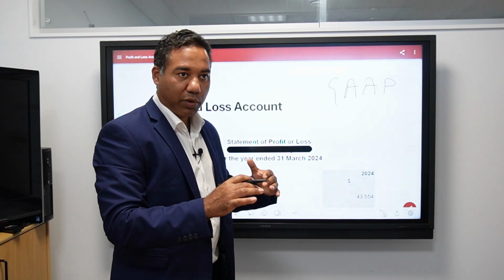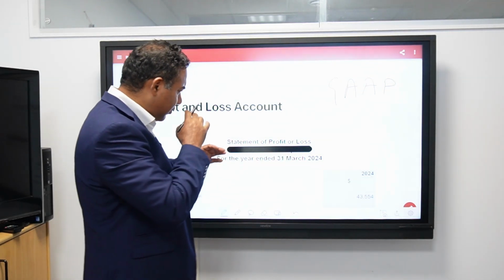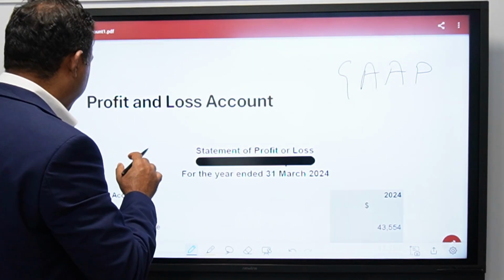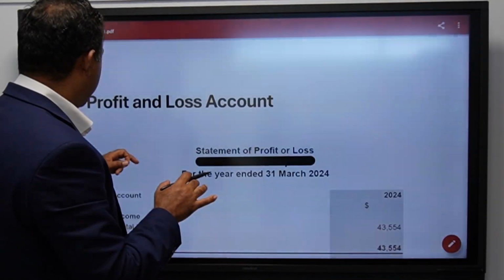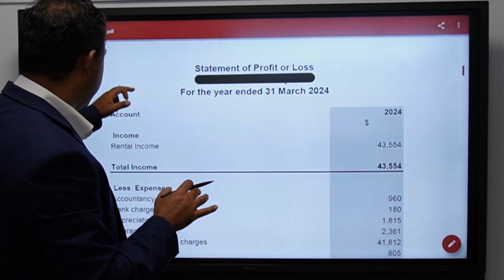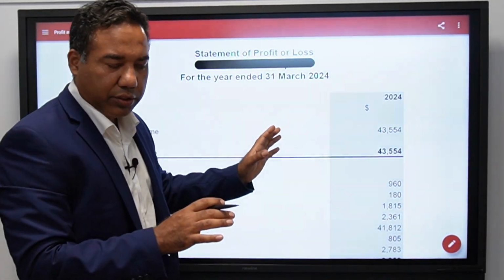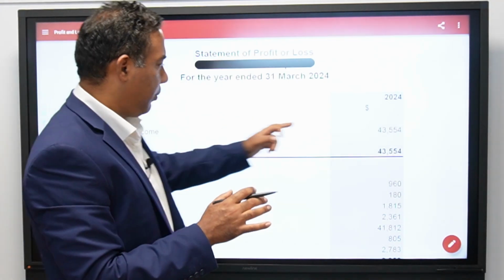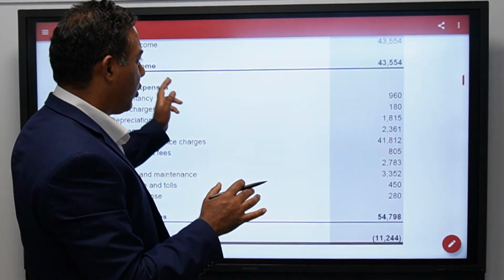So in profit and loss accounts, of course, it's going to show you your sales. Now this is something very simple. This person, if you see, we're talking about only rental. So rental means the rent income coming in, 43,000, and the expenses going out from that.